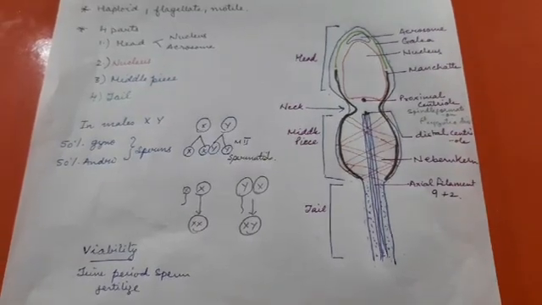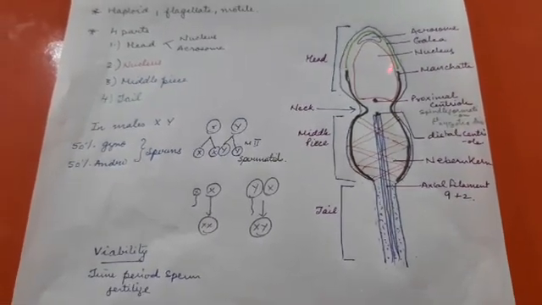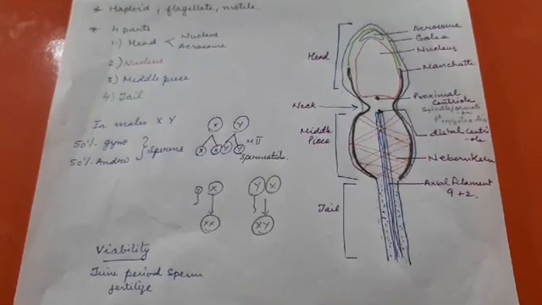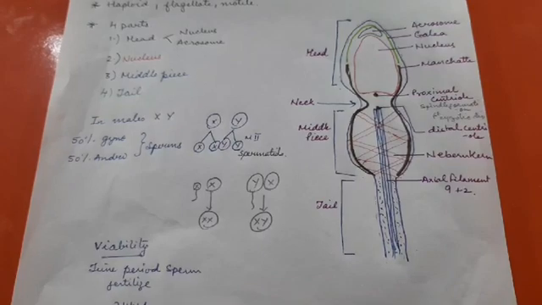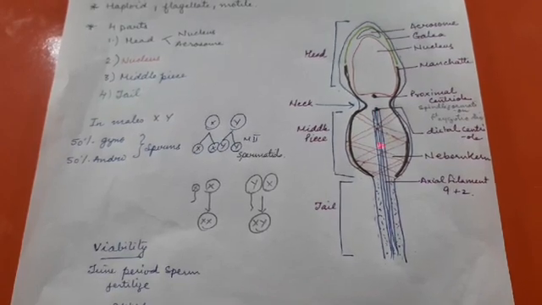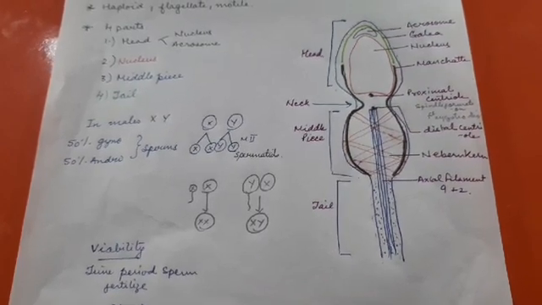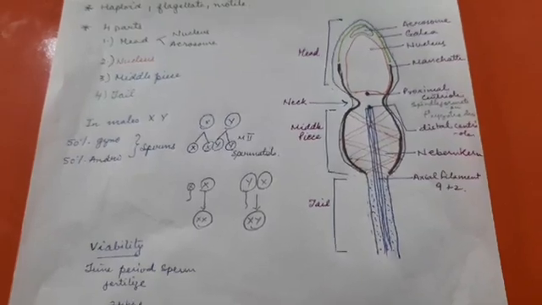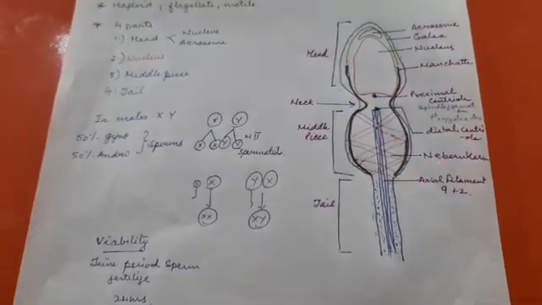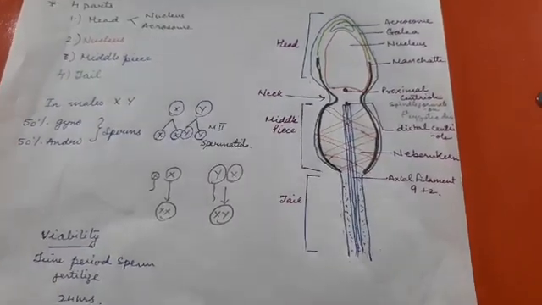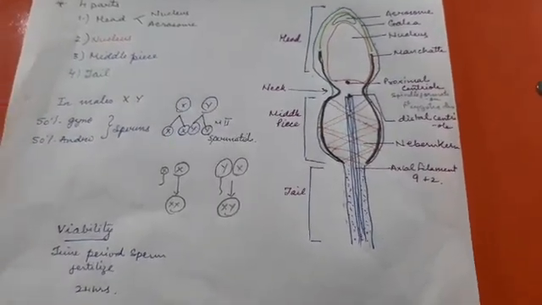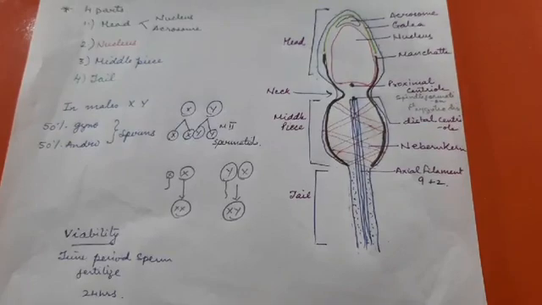This middle piece around this axial filaments, they are spirally arranged mitochondria. In this region we are going to find a spiral mitochondria which we can say is ribbon like, and this spiral mitochondria is called as Nebenkern. So Nebenkern is mitochondria that is spiral, and the last part is the tail part.